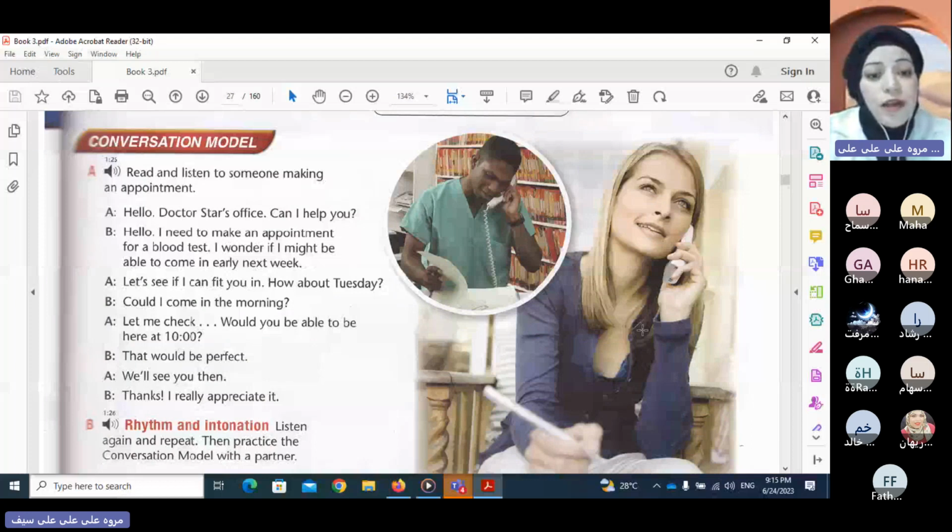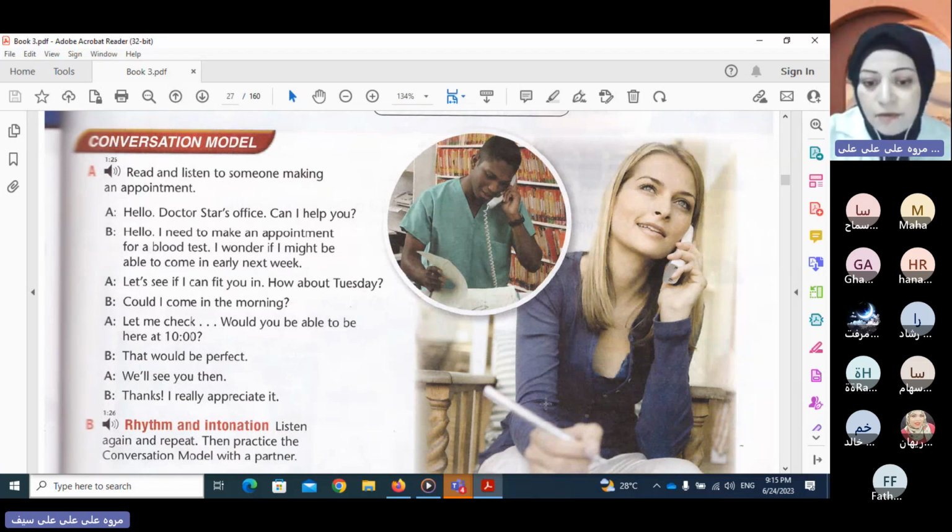Okay, now you are going to listen again to the conversation. You will find that there are certain pauses in the middle between sentences. You are going to listen and repeat in the pauses, but this time to acquire or imitate the pattern of rhythm and intonation.